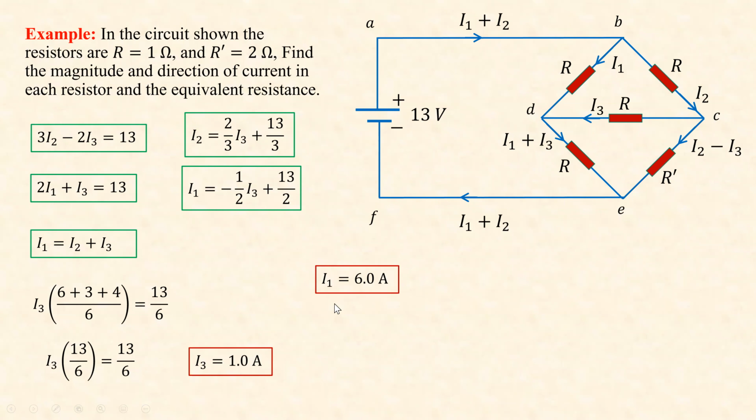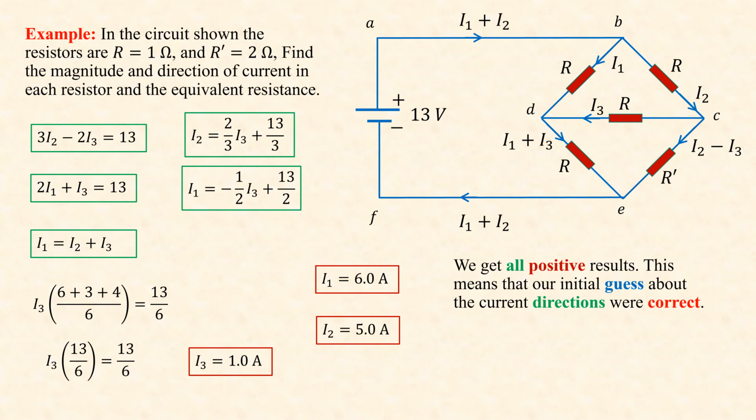So I1 becomes 6 amps, and I2, this is 2/3 plus 13/3 becomes 15/3, becomes 5 amps. So we have all three values. So we get all positive results. That means that our original guess about the current directions were correct.